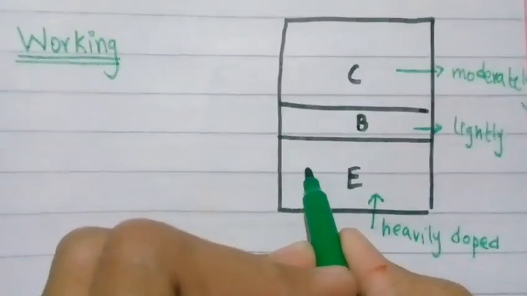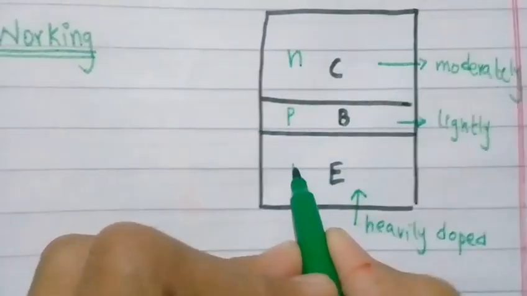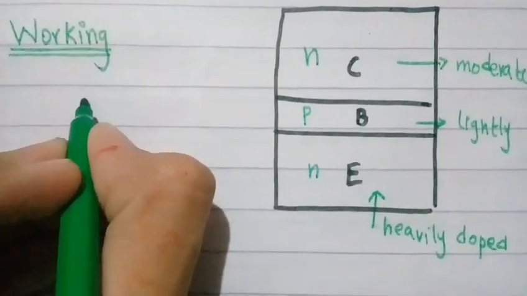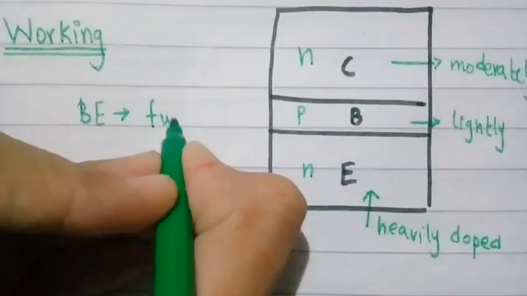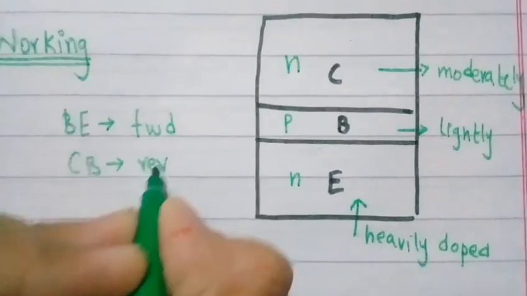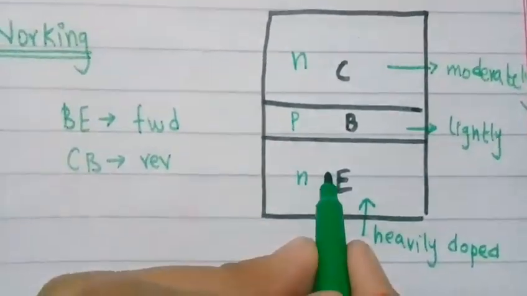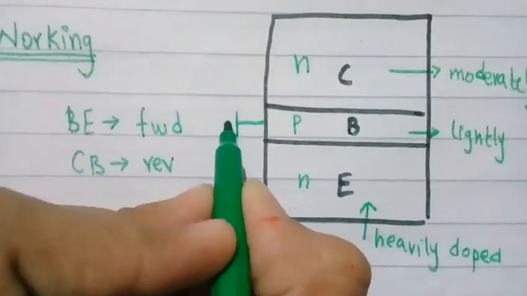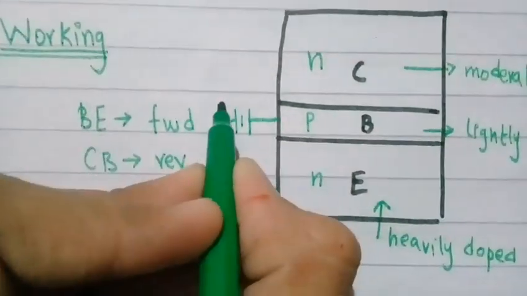This one is an NPN transistor, so this one is negative, this one is positive and this one is negative. A transistor will work efficiently if its base emitter junction is forward biased and collector base junction is reverse biased. So guys, if the base is positive, the base emitter junction will be forward biased, with a battery whose positive point is over here and negative point over there.